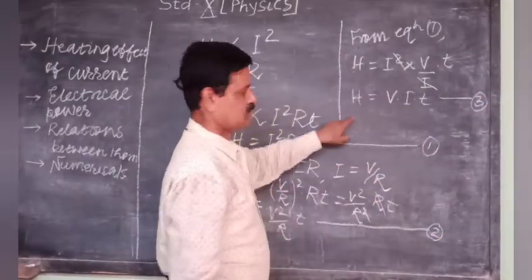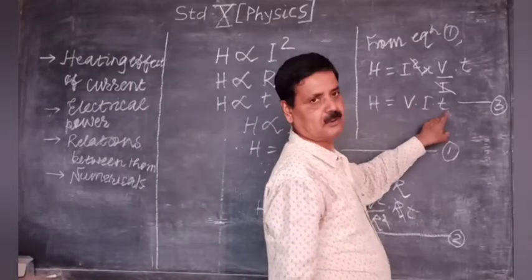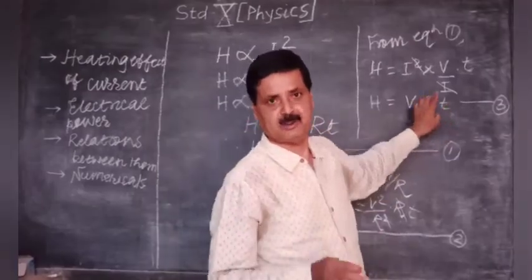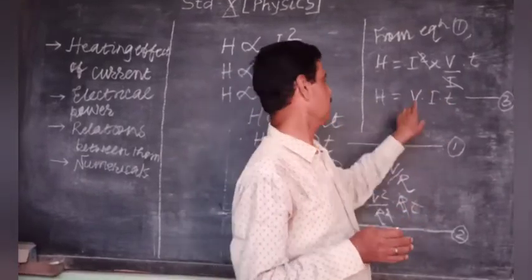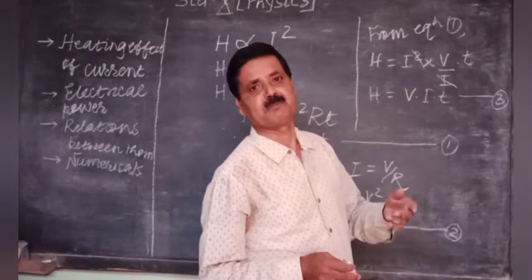These are the three equations for the amount of heat. This one is equal to VIT, not Vellore Institute of Technology. Here V indicates PD, I is current, and T is the time taken.